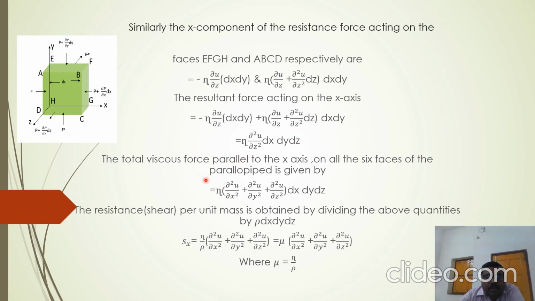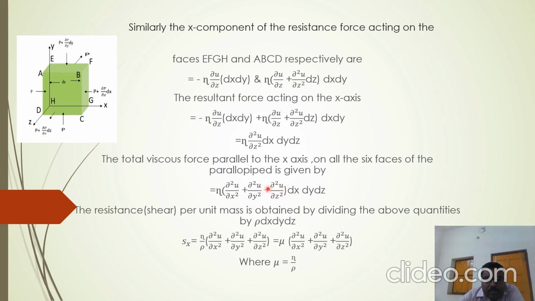Thus the total viscous force parallel to the x-axis on all 6 faces of the parallelepiped is given by eta into del square u by del x square plus del square u by del y square plus del square u by del z square dx dy dz.